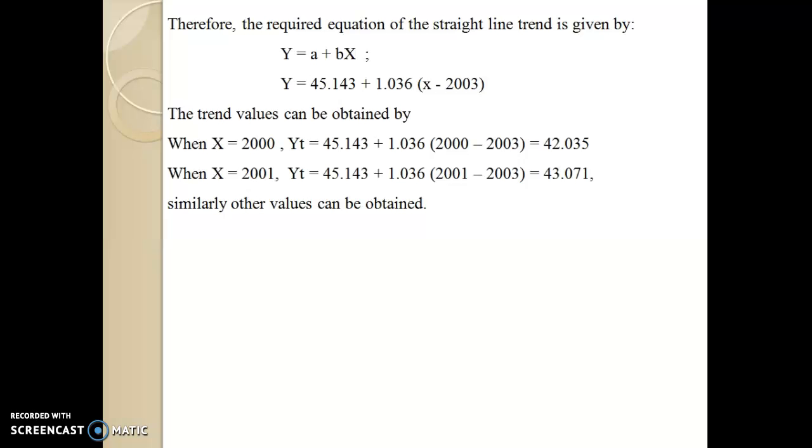This method is completely objective, and this method gives the trend value for the entire time period. Thank you.